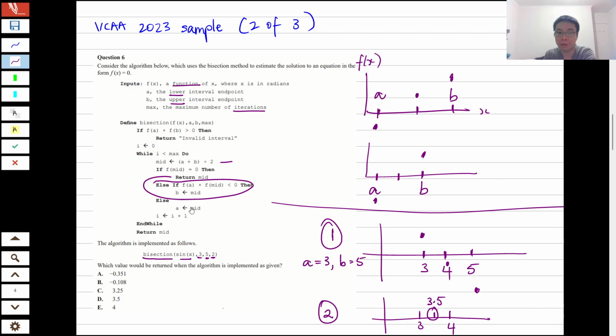But the value of mid, or the midpoint of the interval, is still going to be 3.5. And so the answer is D.